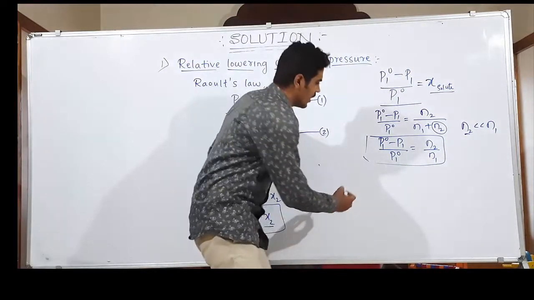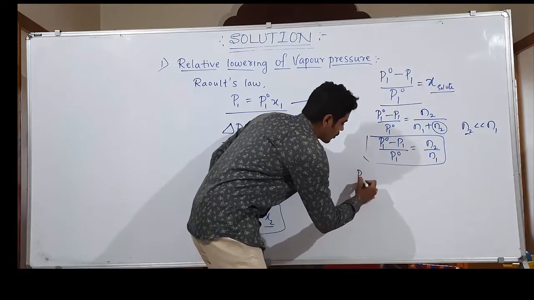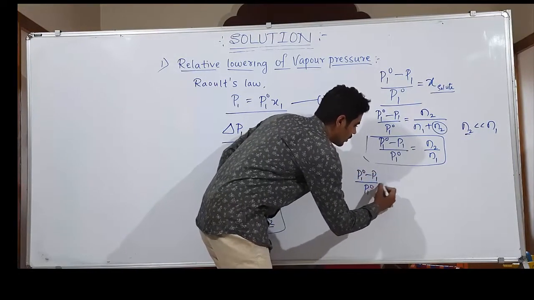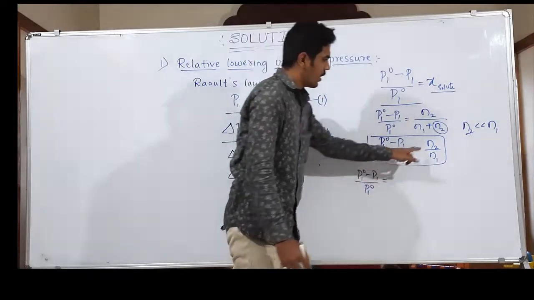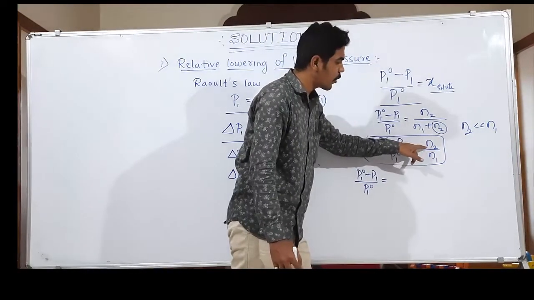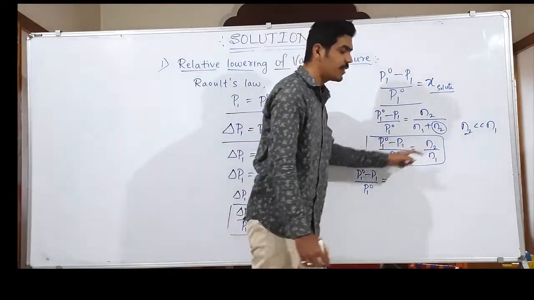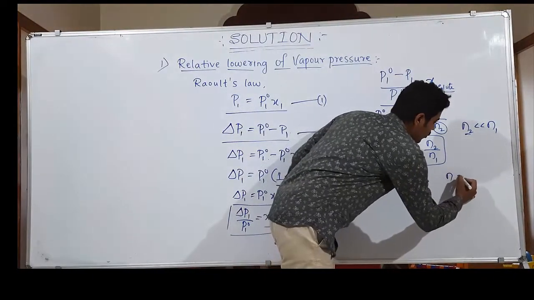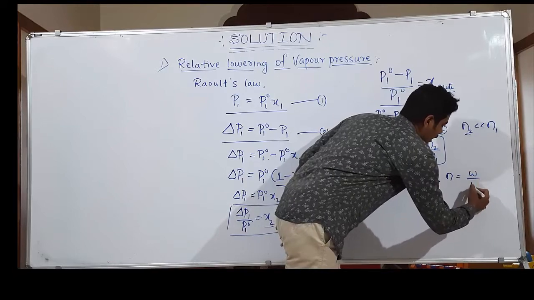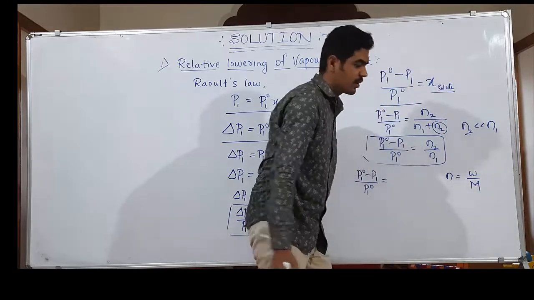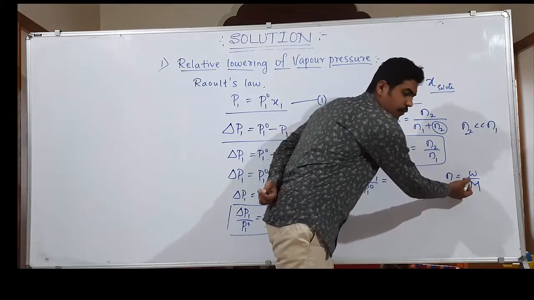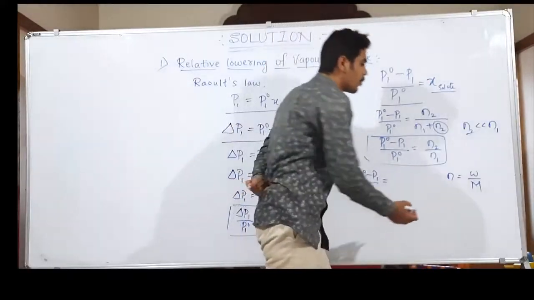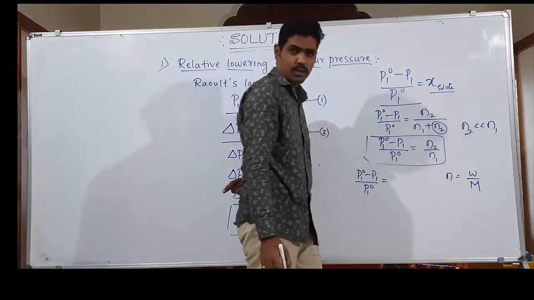Now, how will you find the number of moles of solute, N2? You know the formula: N is equal to W divided by capital M. W means given mass divided by molar mass of that component gives the number of moles.